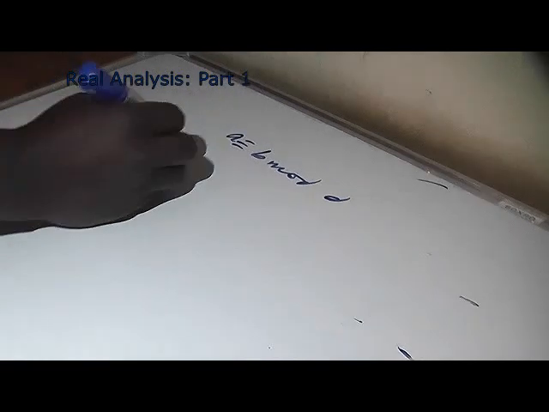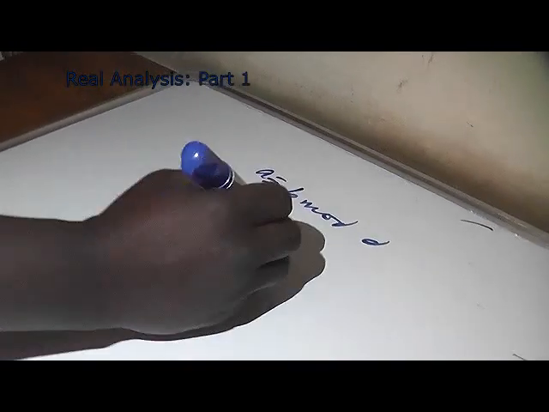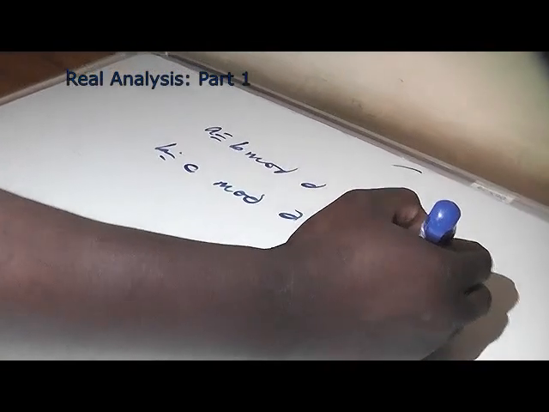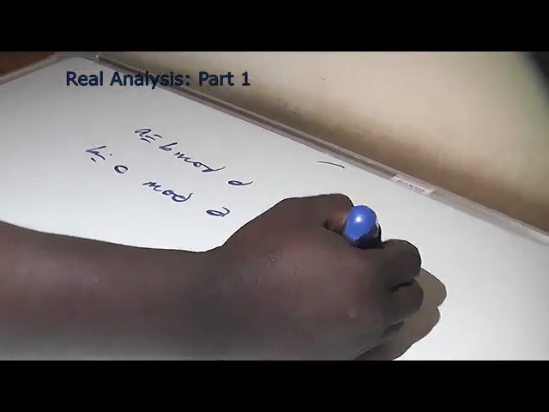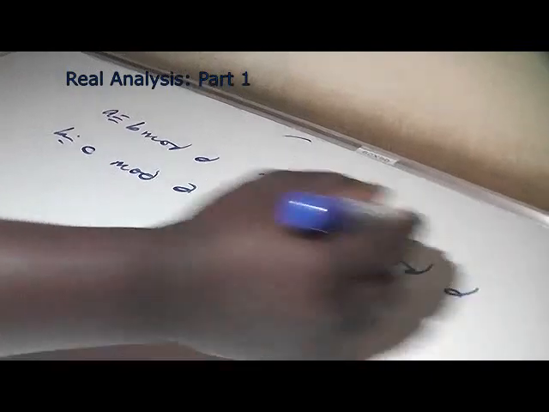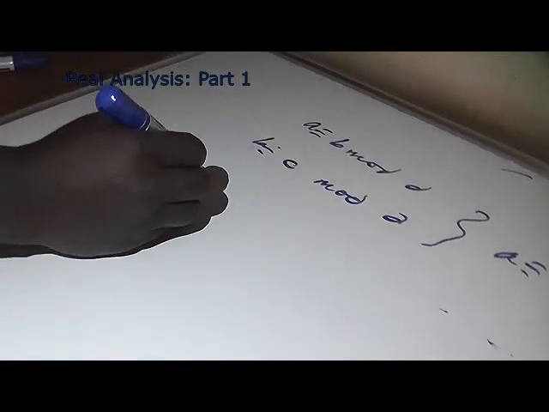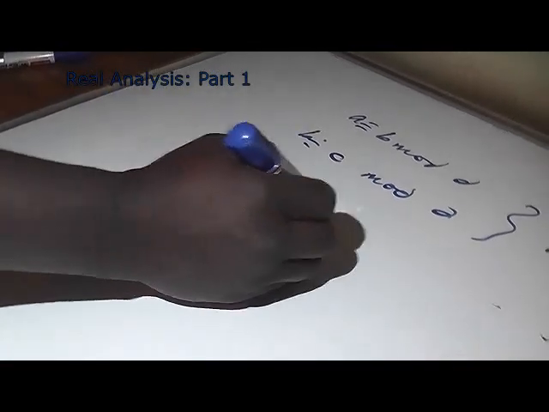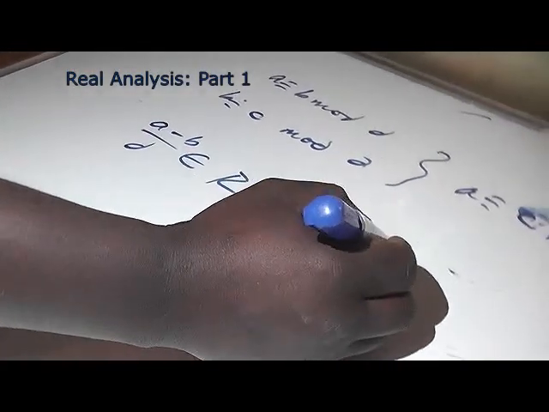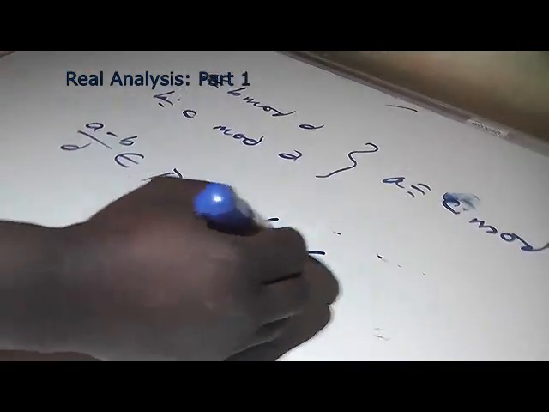Now, for a relation to be transitive, we need: if A is congruent to B modulo D and B is congruent to C modulo D, we want to check if A will be congruent to C modulo D. Now, A is congruent to B modulo D means A minus B over D belongs to the set of integers, and B is congruent to C means B minus C over D belongs to the set of integers.